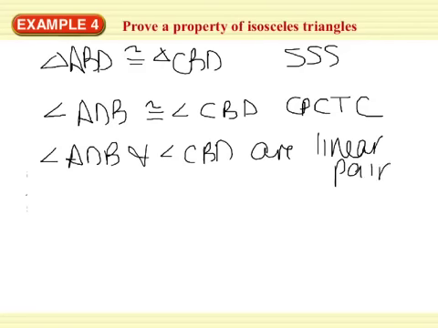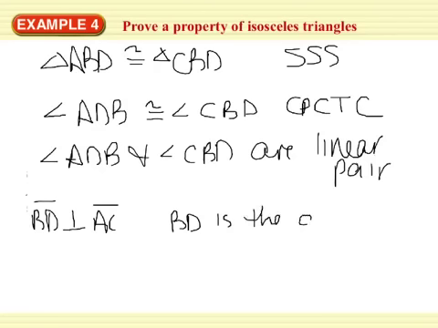And if 2 angles are a linear pair and congruent, then they are perpendicular. So BD is perpendicular to AC, and BD is the altitude.